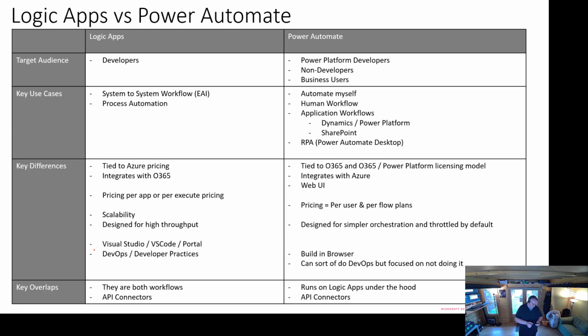One of the differences I forgot to mention, when we come to Logic Apps versus Power Automate, is that there are some advanced features in Logic Apps that Power Automate doesn't have.